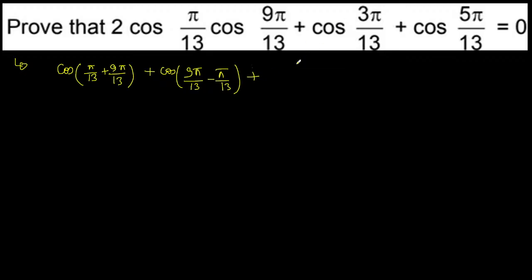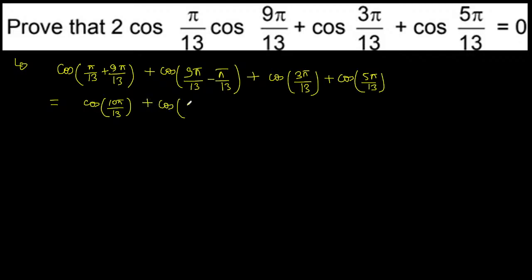And we have cos 3 pi by 13 plus cos 5 pi by 13. This is cos 10 pi by 13, this is cos 8 pi by 13, this is cos 3 pi by 13, and this is cos 5 pi by 13.